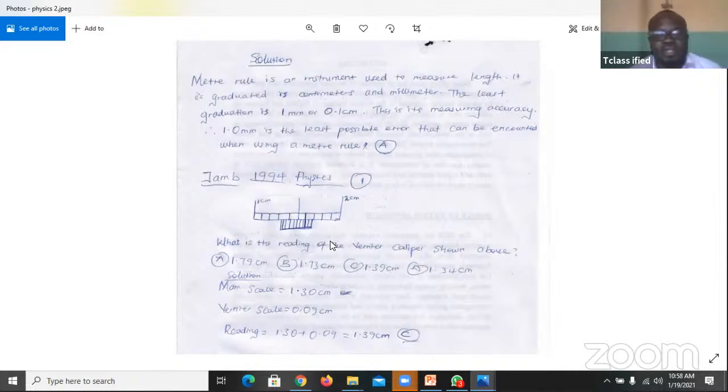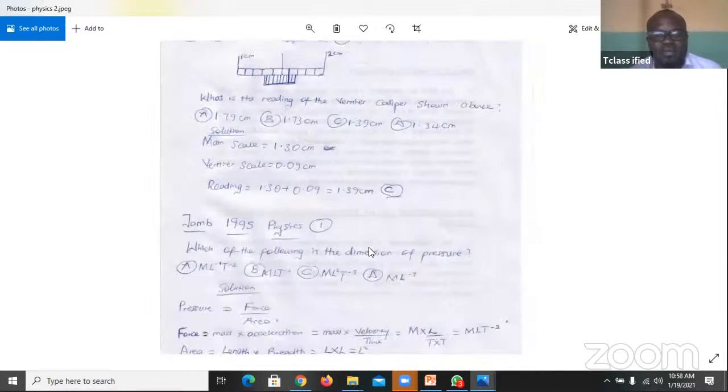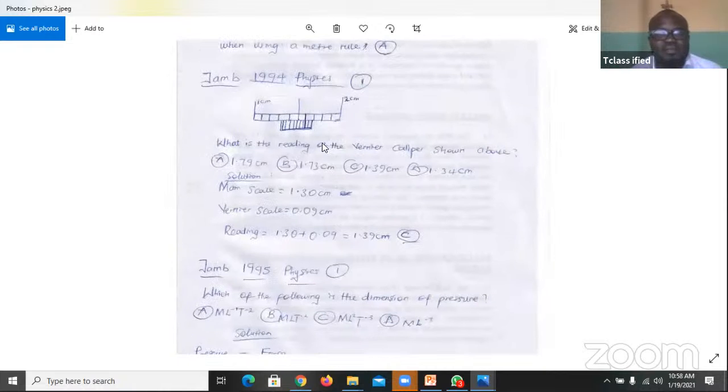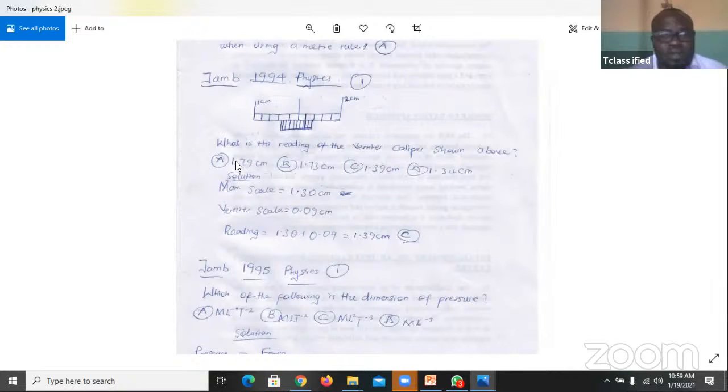Okay. So let's look at taking the measurement of a Vernier caliper. Are we together on this? Yes, sir. Okay. So this is similar to what you are likely going to see.